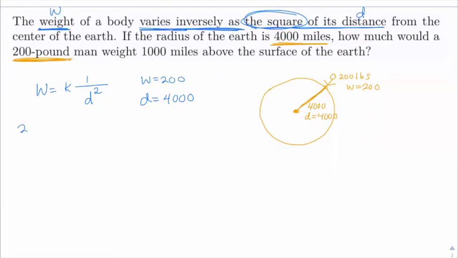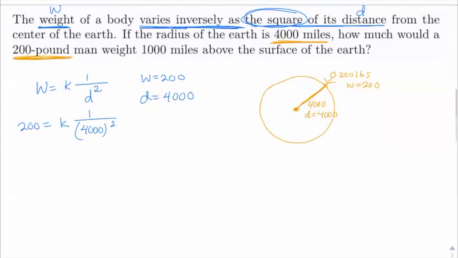We get 200 equals K times 1 over 4,000 squared. And let's go ahead and solve for K. We get 200 equals K times 1 over 16 million. 4,000 squared is 16 million.